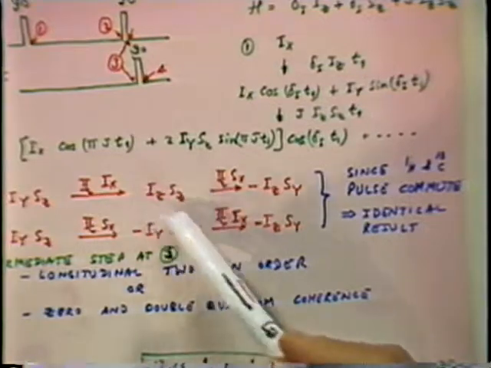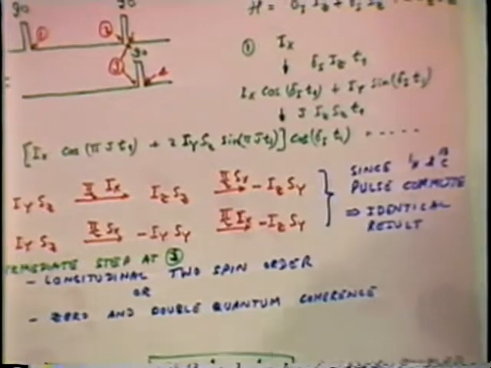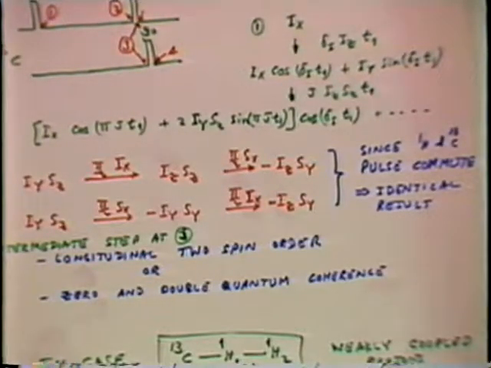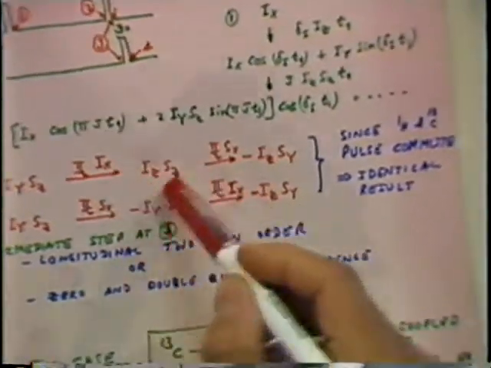And this is called a zero and double quantum state. And these are very interesting ones. We will see some of these in a multiple quantum transition lecture, and later on in another lecture in which we are going to look at longitudinal coherence transfer via longitudinal spin order, where we will focus on terms like this.